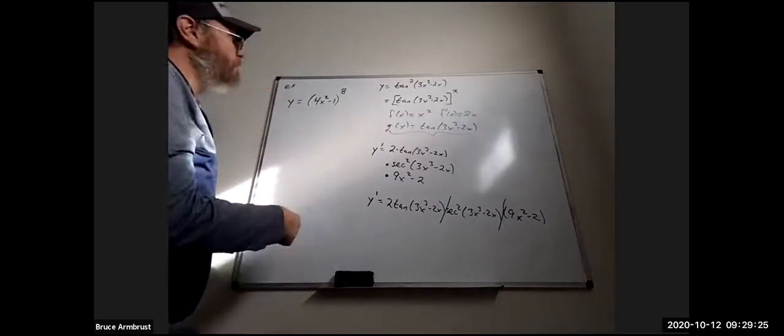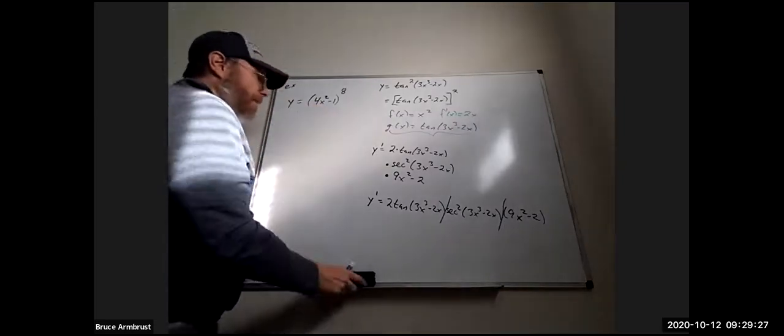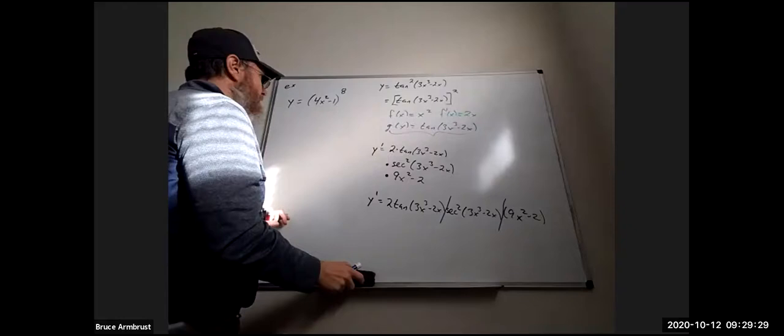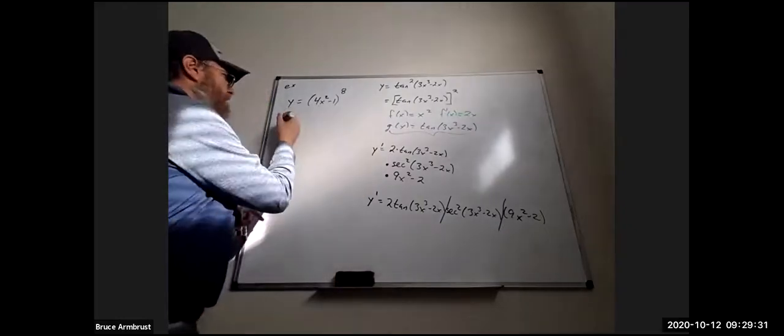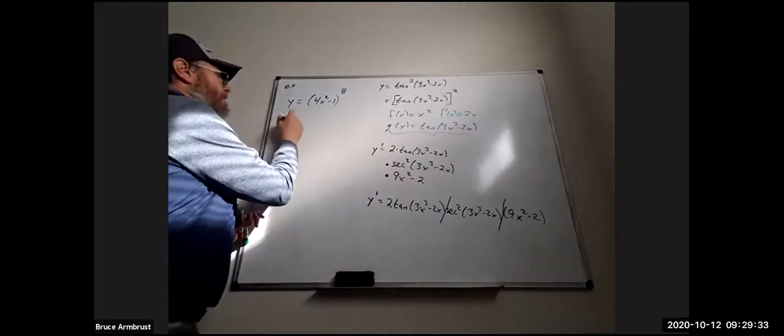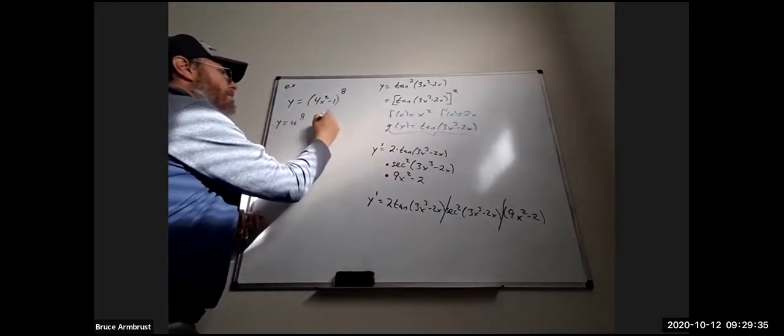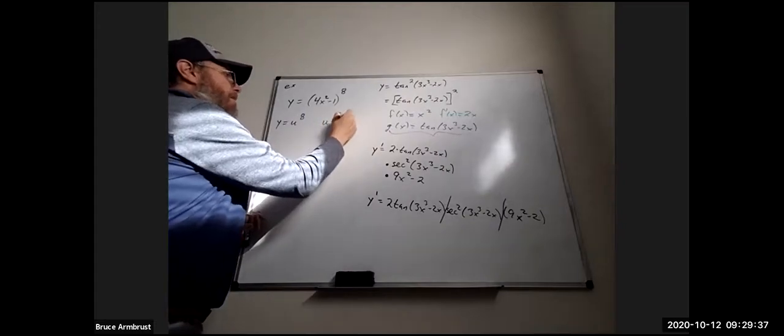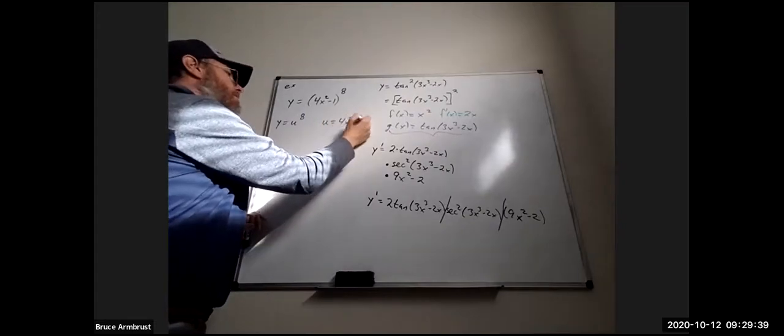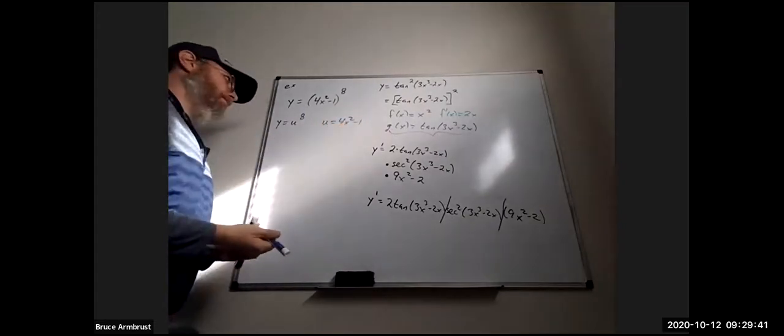So what if, like I've got right here, I rewrite this as u to the 8th. I'm just going to write on the side here that I know that u was 4x squared minus 1.